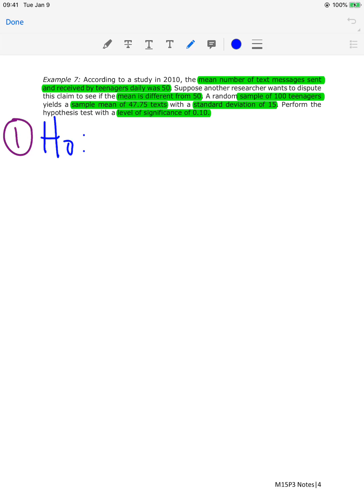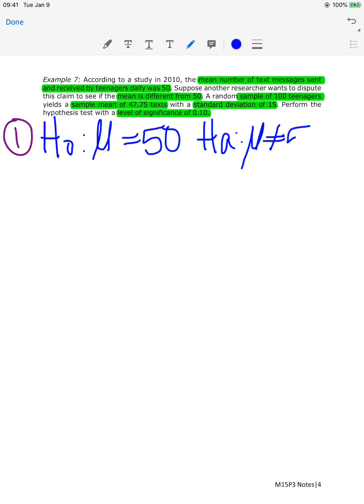Now we can write out our null and alternative. So our null, the mean is equal to 50 because that's what the previous study said. Our alternative, the mean is not equal to 50 because the other researcher wants to see if the mean is different from 50.